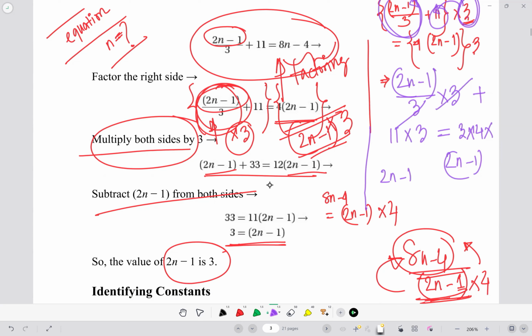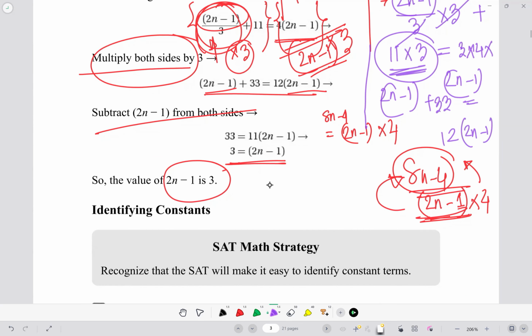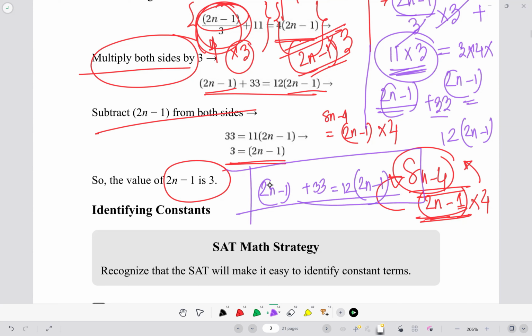So 2n minus 1 plus 33, since 11 multiplied by 3 is 33, equals 12(2n minus 1). Do you get it? So (2n minus 1) plus 33 is equal to 12(2n minus 1). Do you get it?